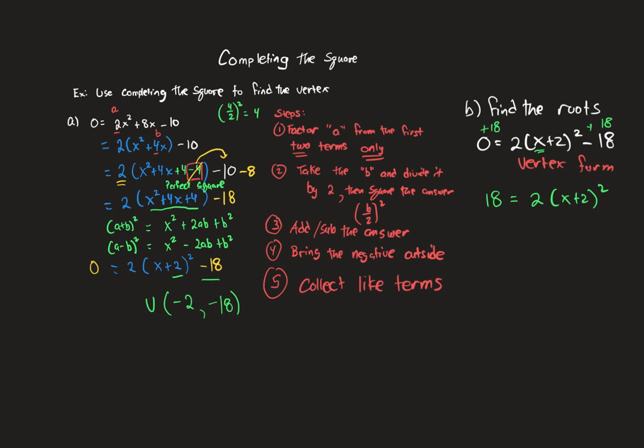Reverse BEDMAS would mean I want to get rid of division next. How to get rid of a clingy best friend? You're getting a divorce. Okay, so the 2's are going to go away, leaving me with 9. And finally, how do you get rid of a squared? Well, you're going to take the square root of both sides.